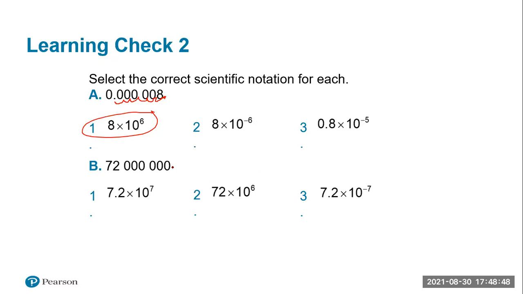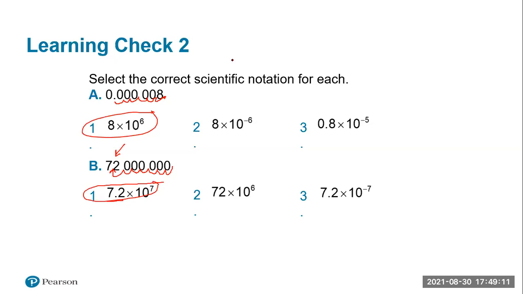Coming this way, assuming the decimal point is here, gives us 1, 2, 3, 4, 5, 6, 7 places. That gives us 7.2, which is a number between 1 and 10. And it's a larger number. We went to the left there, which means we should end up with a positive exponent.